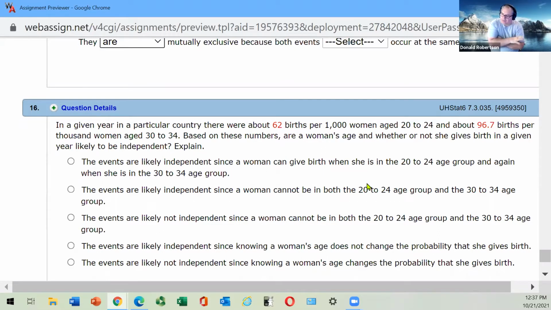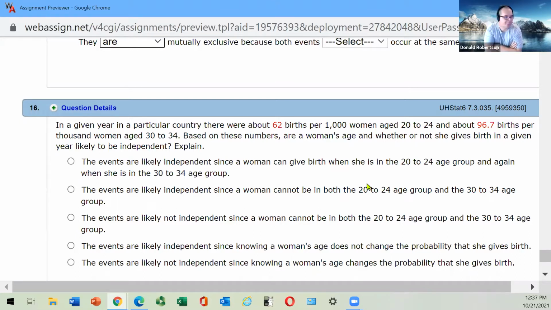Well, I don't think the numbers actually matter. I think they're a red herring. Do you think the chances that you give birth is dependent on the age of the woman or the age group of the women that you're looking at? I would say yes.